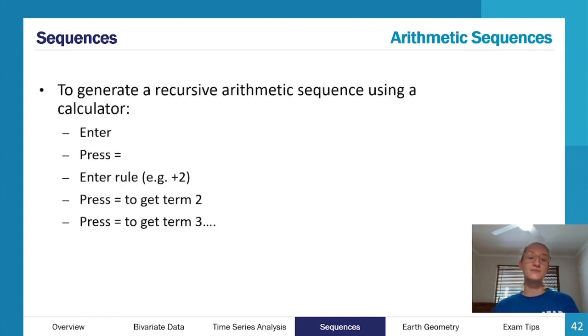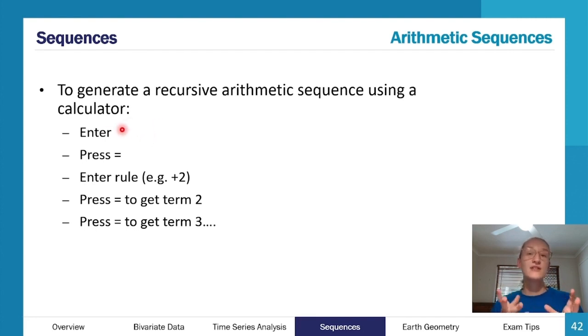That's what we're doing. Another awesome little calculator trick to keep in mind, to generate a recursive arithmetic sequence using a calculator: you enter your starting point, which could be 5, 10, 27, whatever your starting number is.